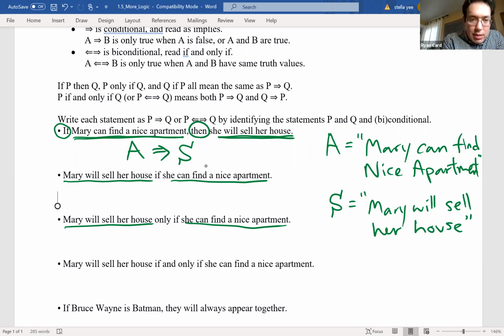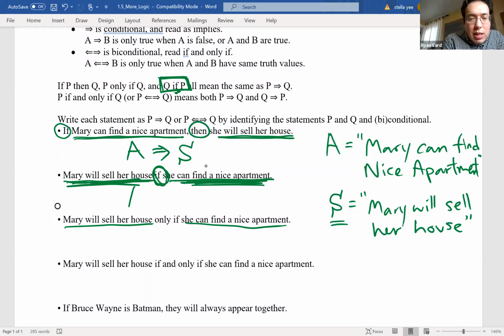The second sentence says Mary will sell her house. So first of all, the second part of the if statement was said first. And then in the middle, there's the word if, and then Mary can find a nice apartment. I don't know if you can see it here, but if you flip the order and then just have the word if in the middle, that's the same thing as this part pointing towards this part.